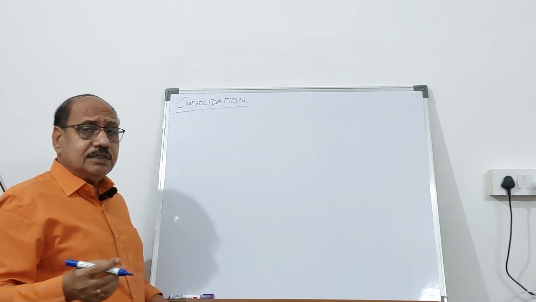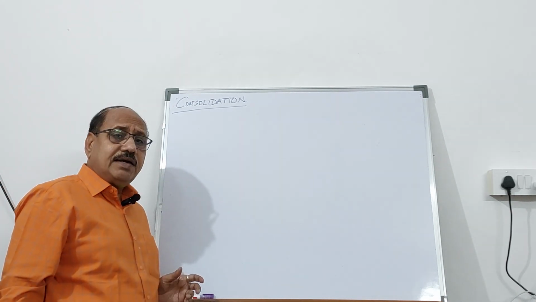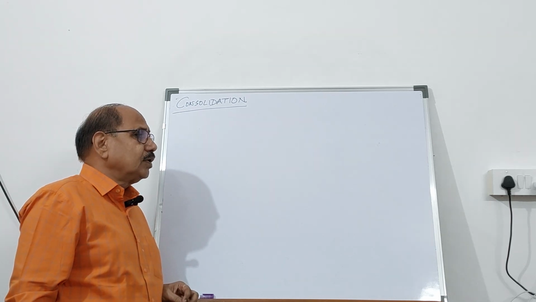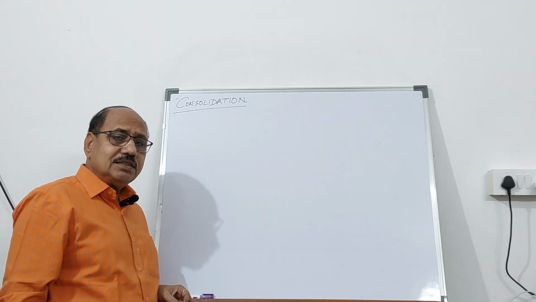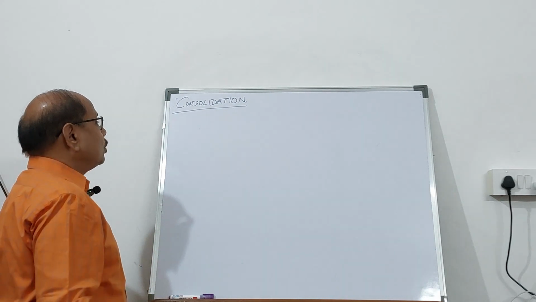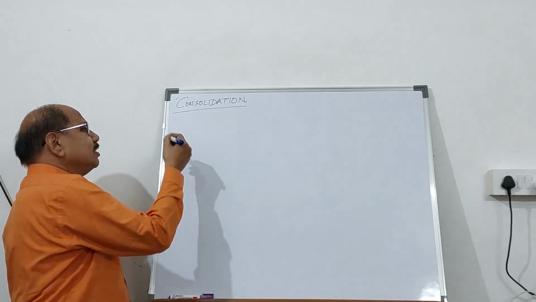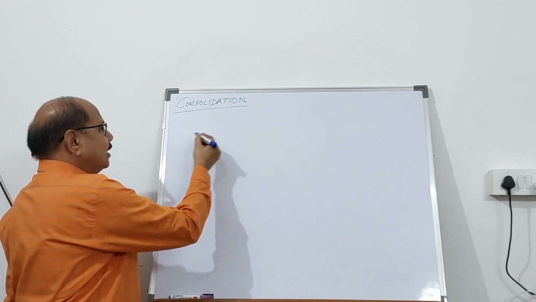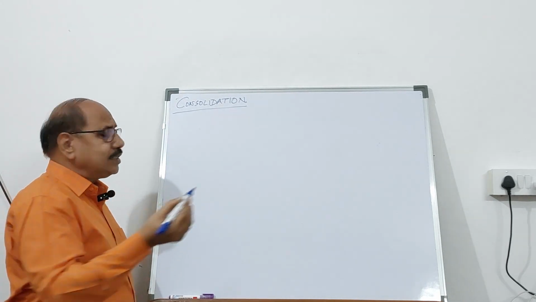In the shallow foundation videos, you have seen we computed the settlement of a foundation resting over a clay soil mass. Here, the process of consolidation can be defined by taking a site example.